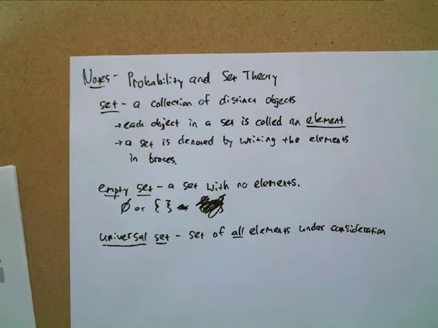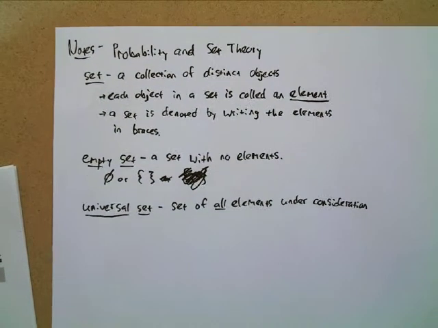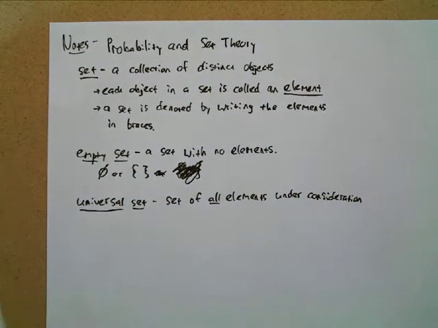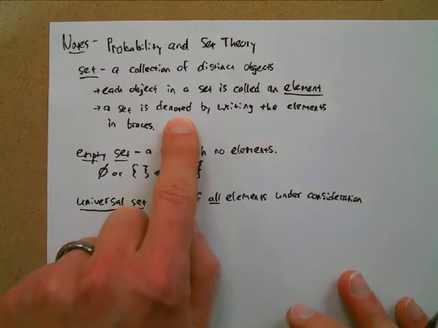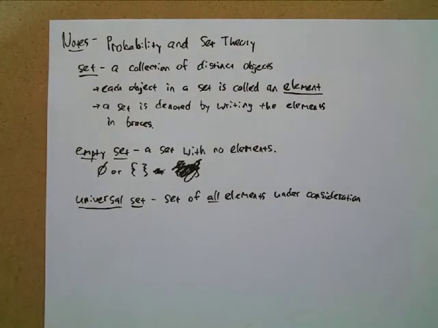So the universal set is a set of all elements under consideration. A set is denoted by writing the elements first. But yes, the universal set is the set of all elements under consideration.